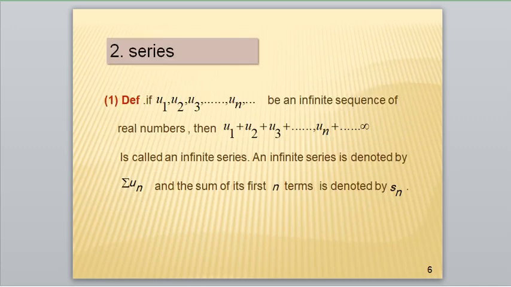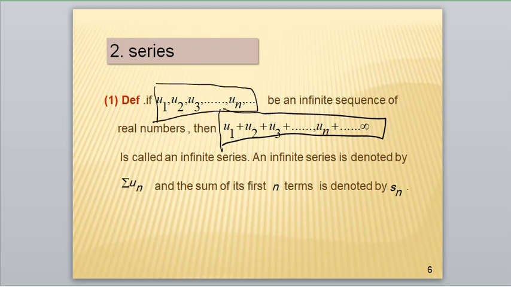Next is the series. So how do we differentiate between a sequence and a series? You see, a series is written with addition, while a sequence is just written with commas. This type of writing until infinity is called an infinite series.